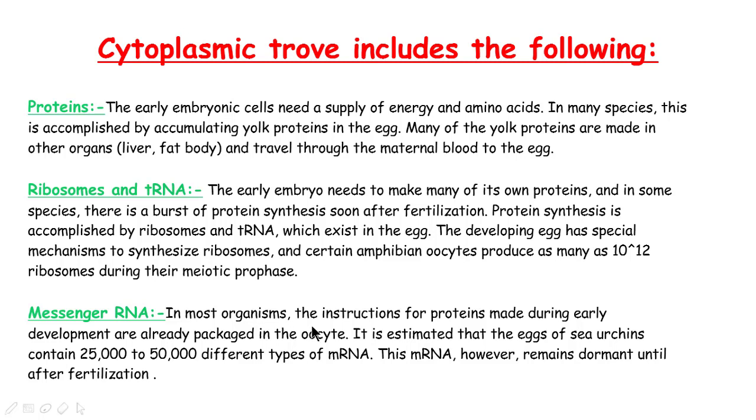In most organisms, the instructions for protein made during early development are already packaged in the oocyte. It is estimated that the egg of the sea urchin contains 25,000 to 50,000 different types of mRNA. This mRNA, however, remains dormant until after fertilization. Okay.